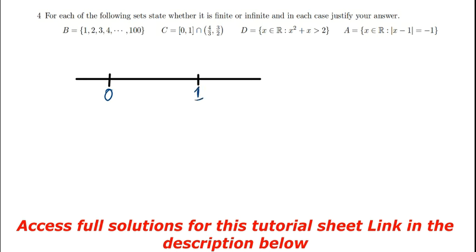We are saying from 0 to 1 both included, which simply means that it's going to be closed at 0 and also closed at 1. I just want us to understand what that means there.